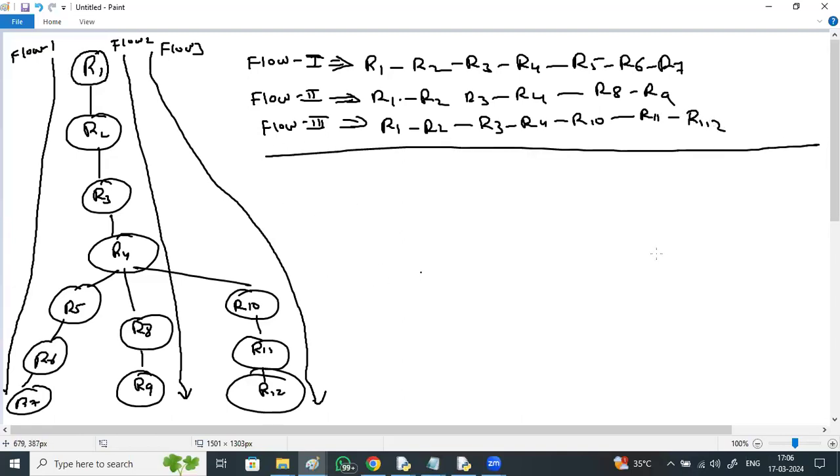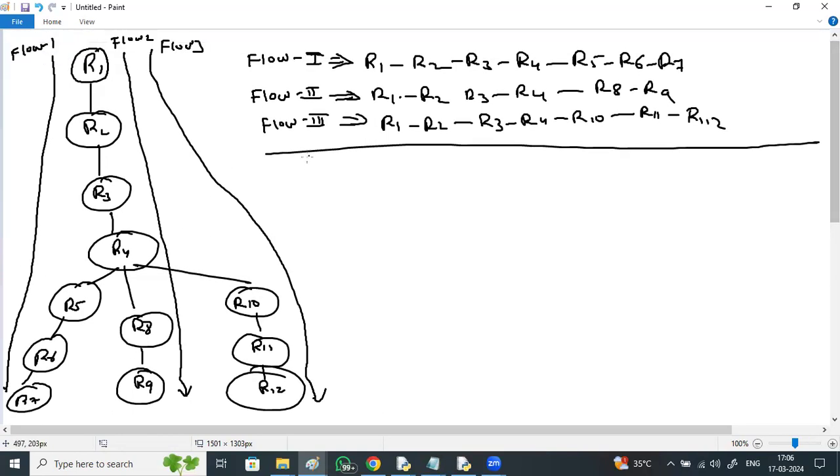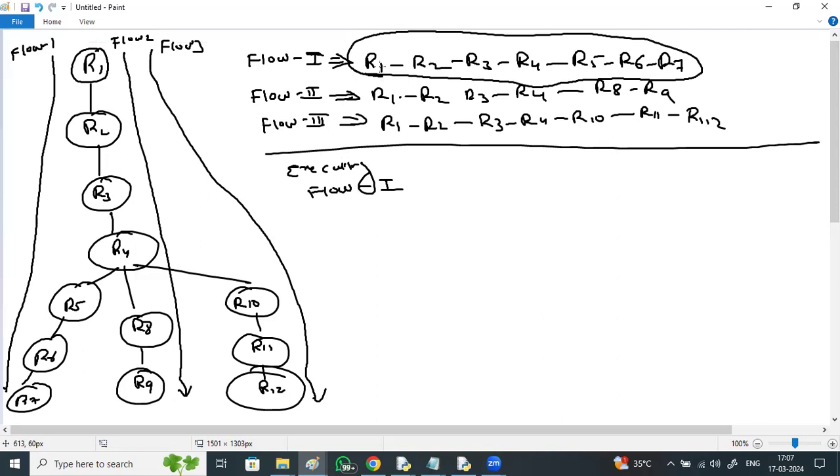Now, executing flow 1. If you want to execute this entire flow, they are not executed normally. Lazy evaluated, right?